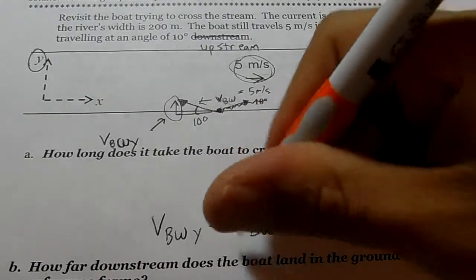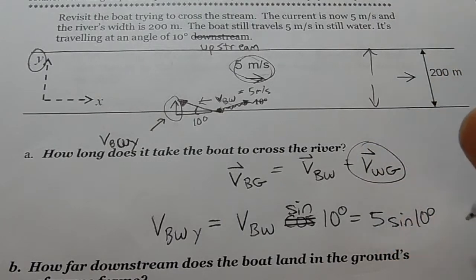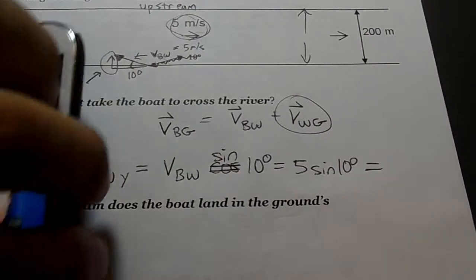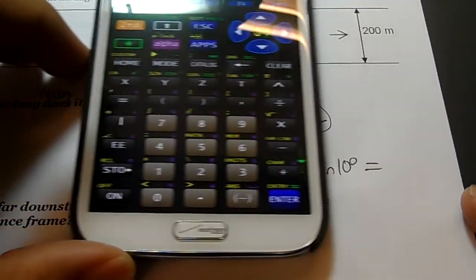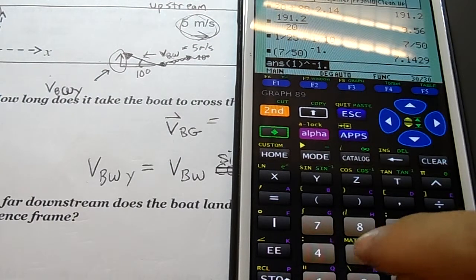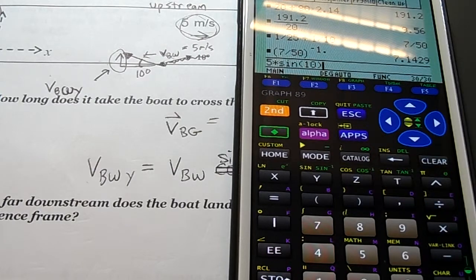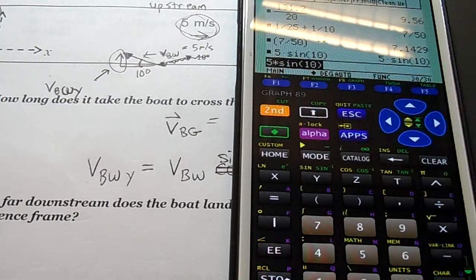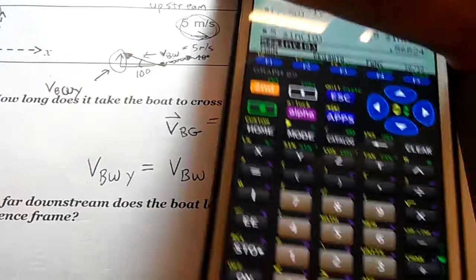VBW is 5 meters per second, so it's 5 sine of 10 degrees, which, if I grab my calculator, I'll take 5 times the sine of 10 degrees. Okay, so 0.86, 87 if I round correctly.